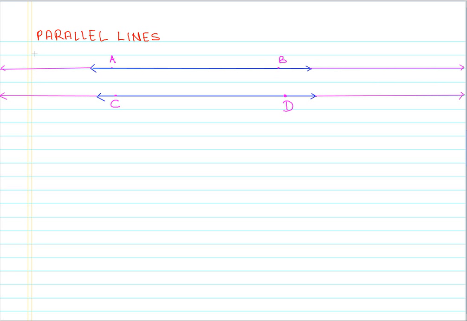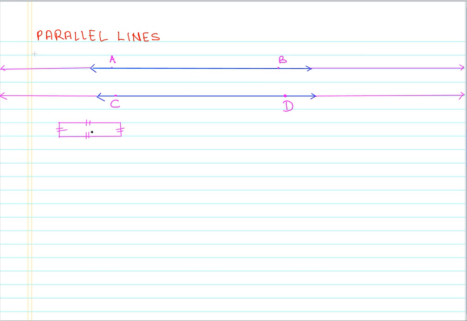Now there are several real life examples where you can identify parallel lines. The first example which I gave you is that you can take any two lines on this ruled page, they will never meet. Another thing is you can take opposite edges of a scale. For example, if you have a scale like this, and of course I'm assuming straight lines, these two opposite edges will never meet, and similarly these two opposite edges will never meet, no matter how long you draw the lines.